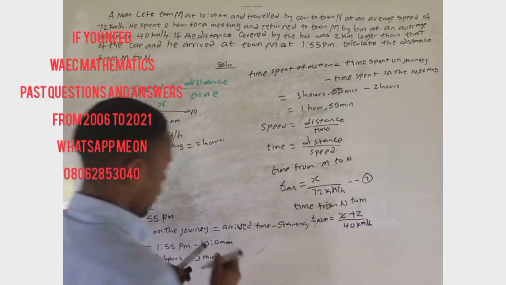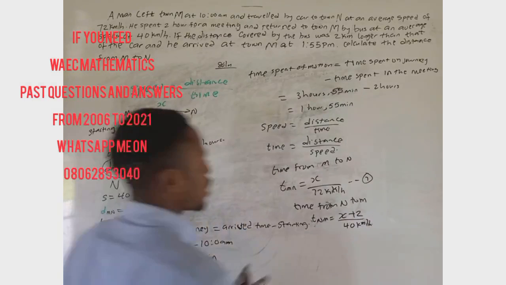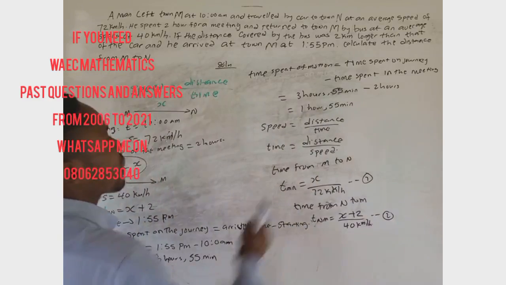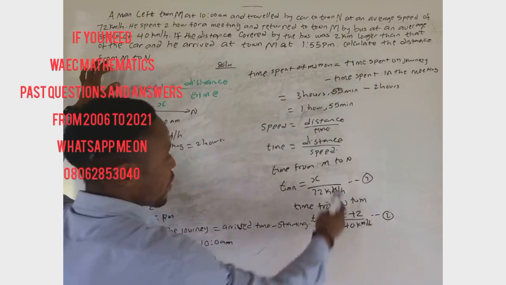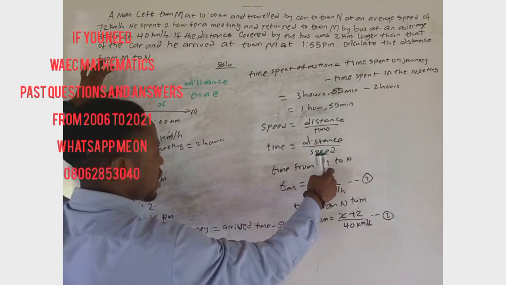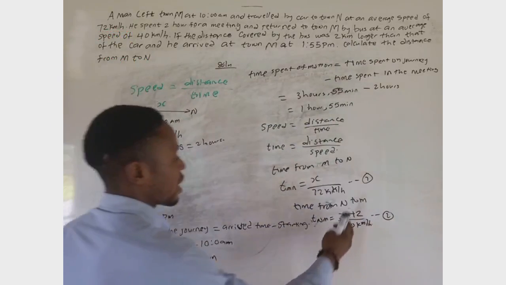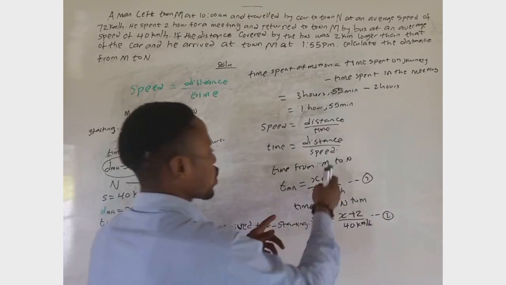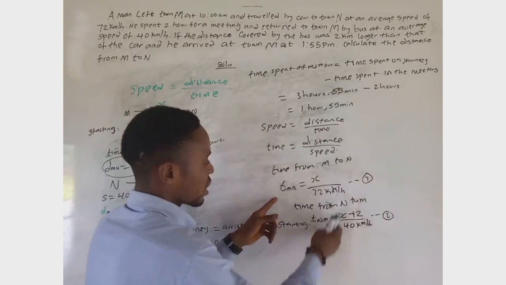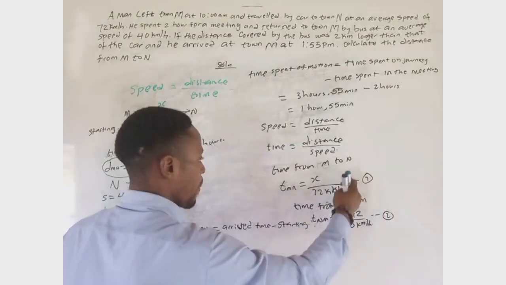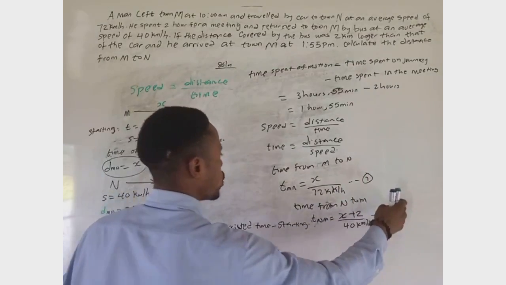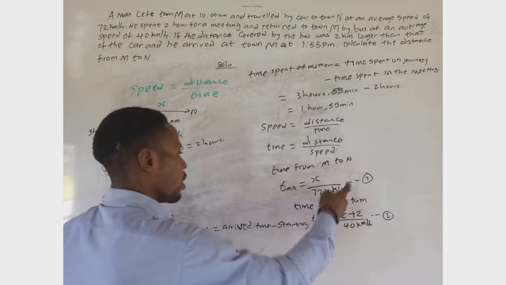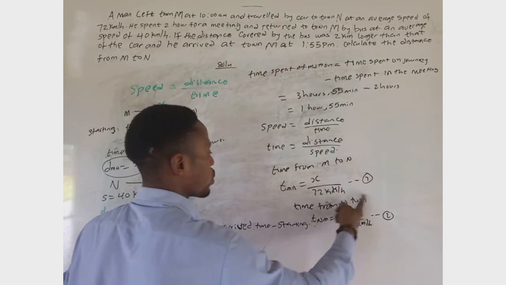Let's call this one equation 2. In order to calculate the distance now, the first distance is for the time M to N, and the second distance is for N to M. So the total time, that is equation 1 plus equation 2, is equal to the time spent on motion.